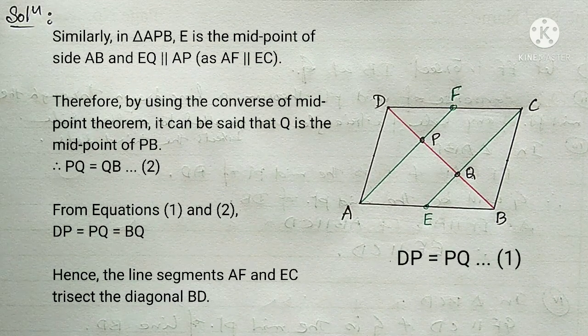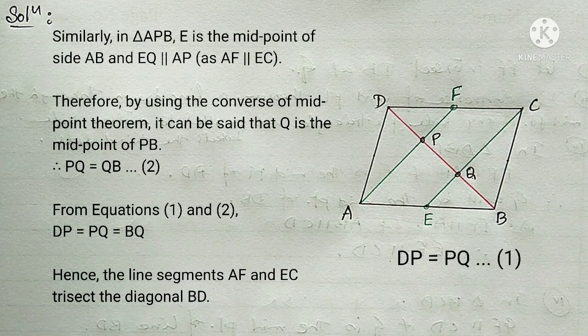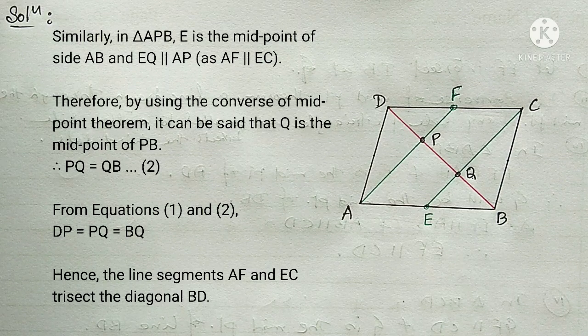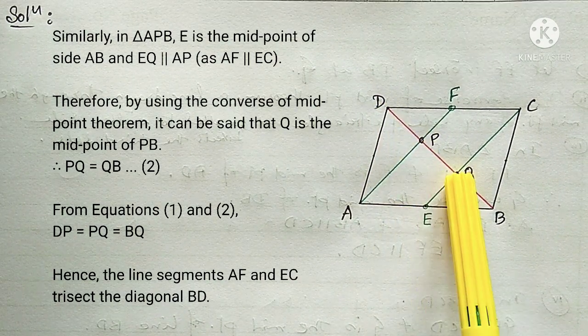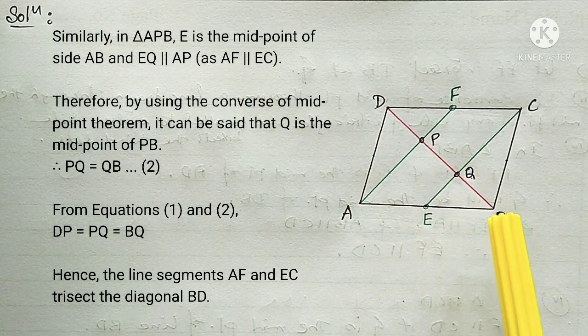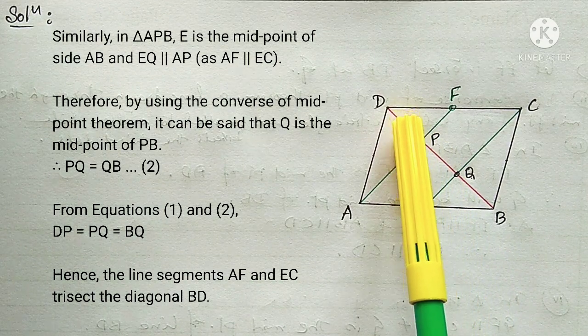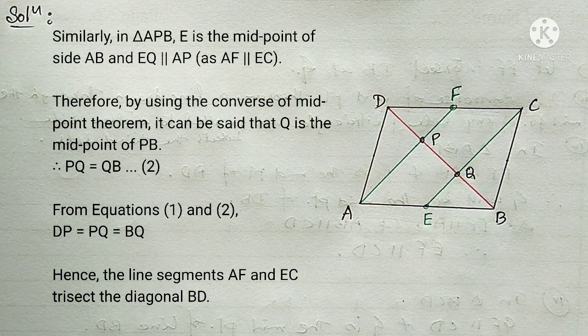Now if you see, equation number 1 is DP equal to PQ, and in equation number 2 we get PQ equal to QB. So if we compare these two, what can we write? DP equals PQ and PQ equals QB. Ultimately, all these three parts are equal.